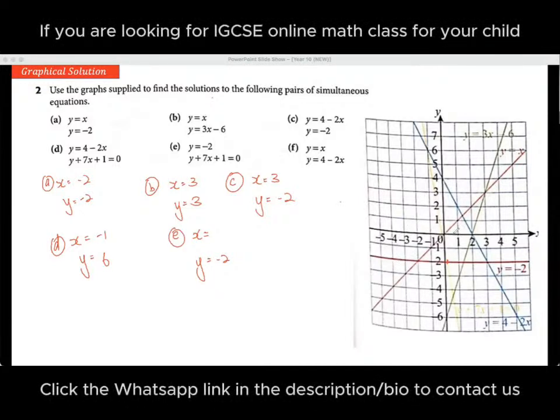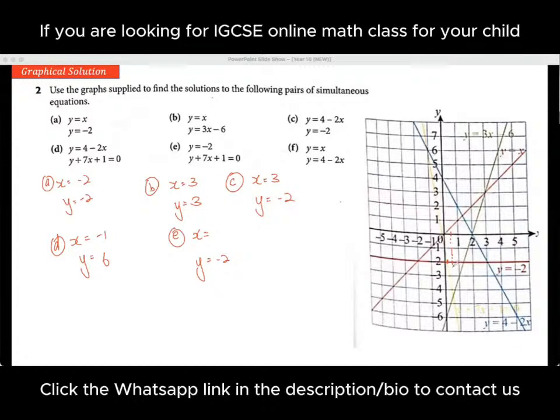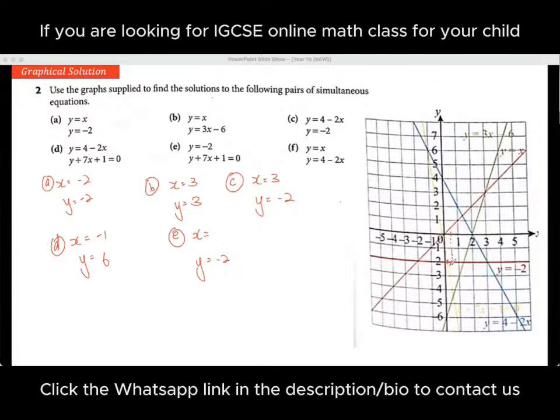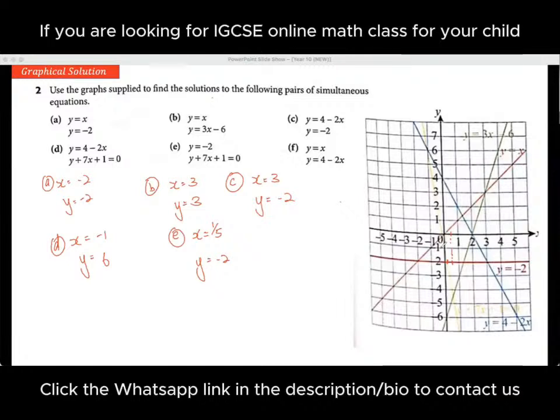For this one, what you can do is just estimation. 0.5 is roughly here. Then it is slightly less than a quarter. So maybe 1/5. My estimation is slightly less than 1/4. I would say it is either 1/5 or 1/6, or even 1/7, 1/8.